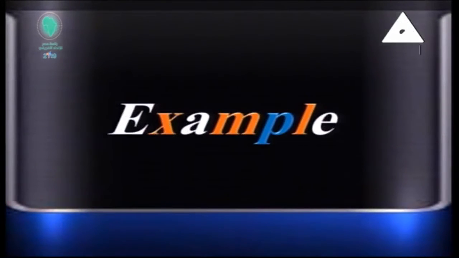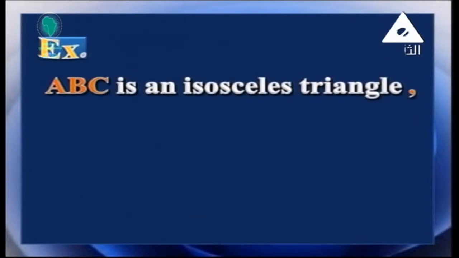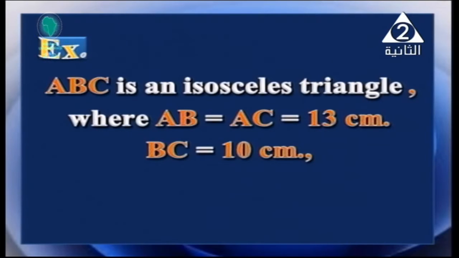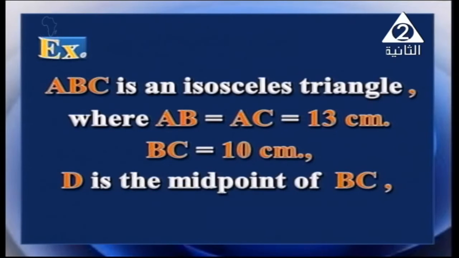Look at another example. My dear student, ABC is an isosceles triangle where AB equals AC equals 13 centimeters and BC equals 10 centimeters. D is the midpoint of BC.